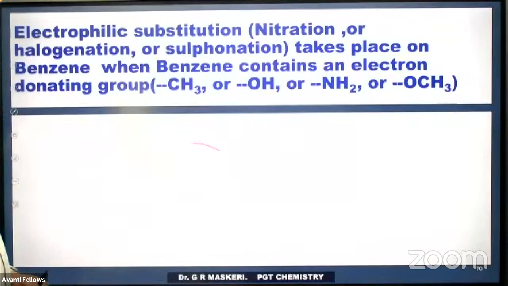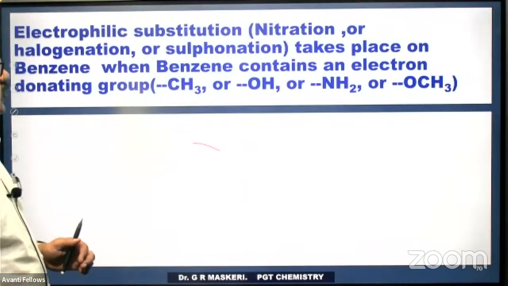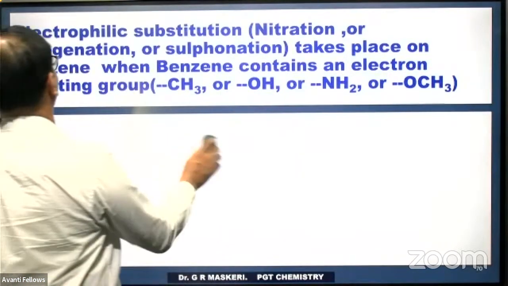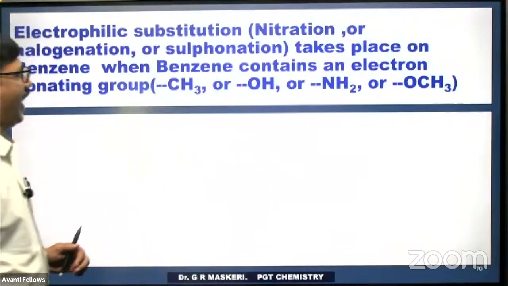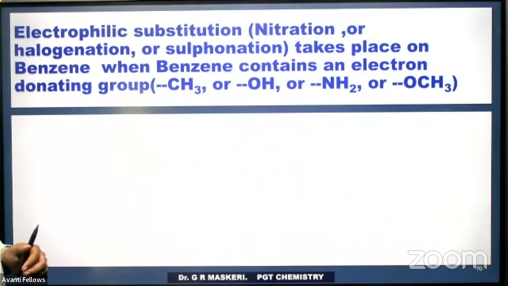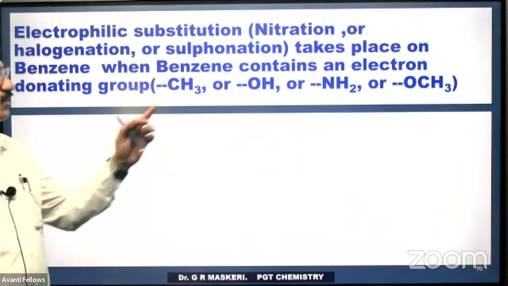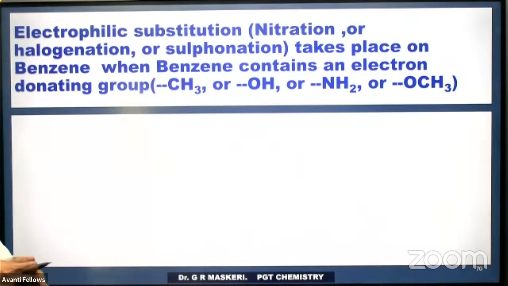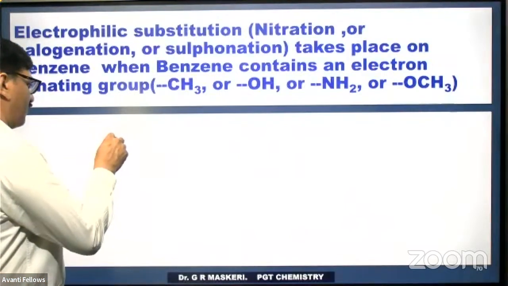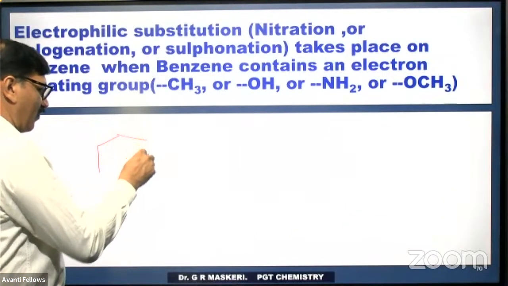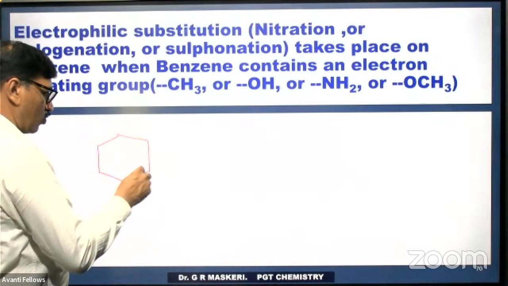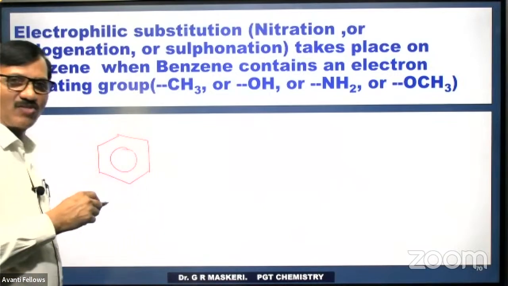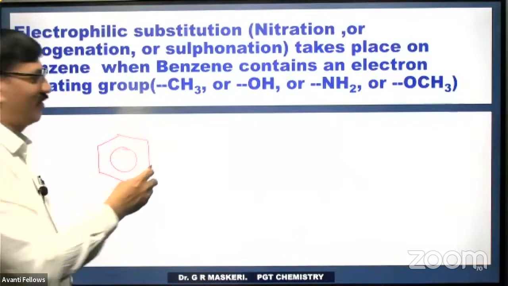Right. Coming to this question, electrophilic substitution, nitration, halogenation or sulfonation takes place on benzene when benzene contains electron donating groups like this. Suppose I take one of the examples. Here everything is consolidated, so all the questions which can be asked at the reasoning level are grouped together.